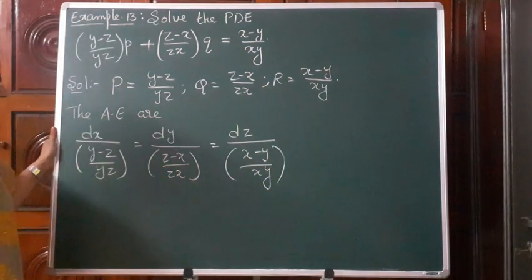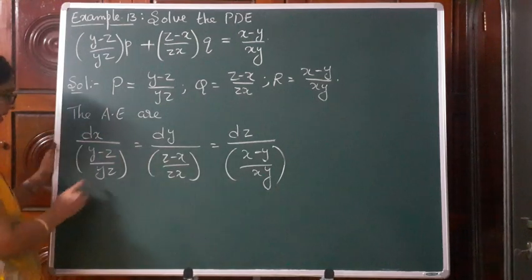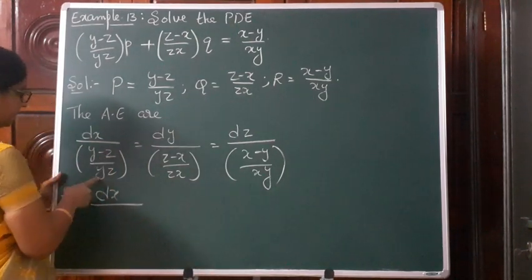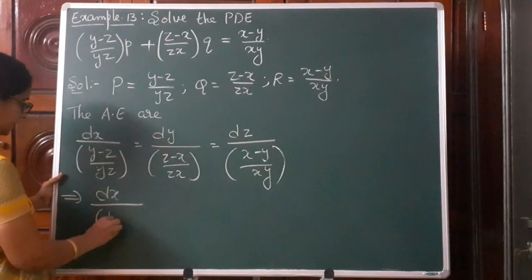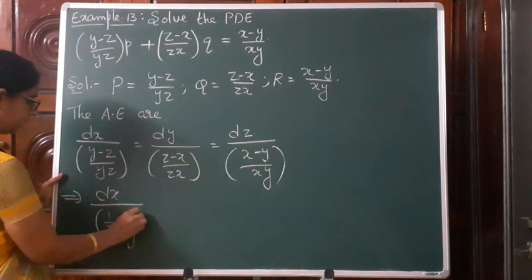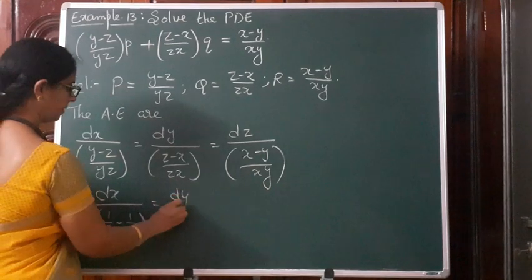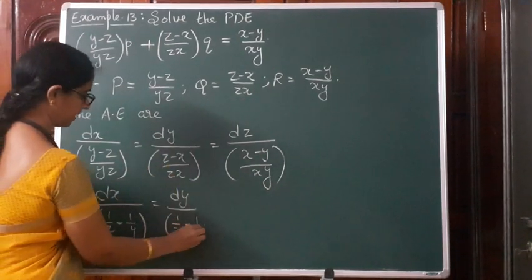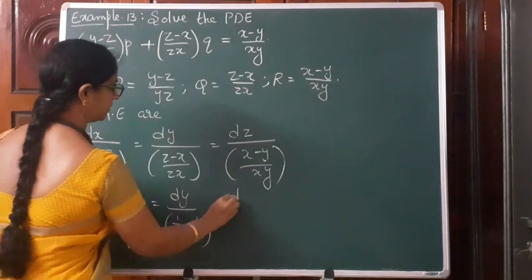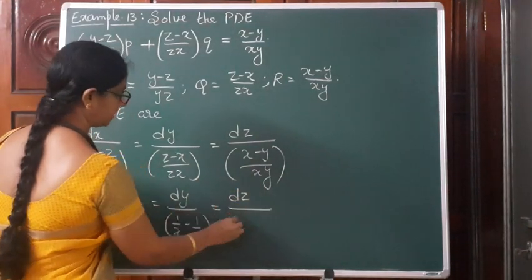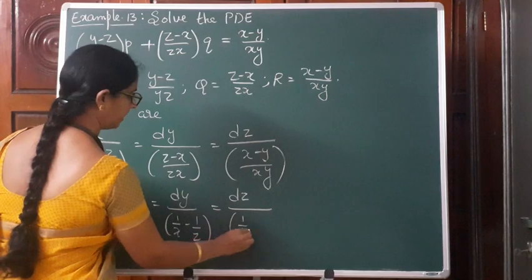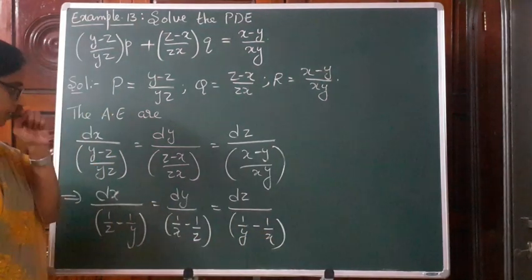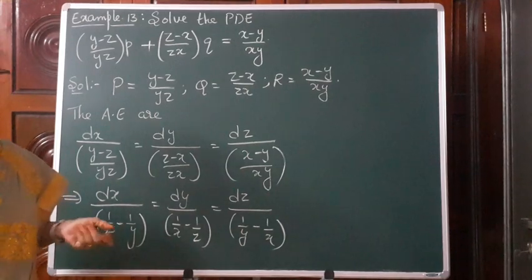To find the multipliers, first let us simplify this and write it as dx by 1 by z minus 1 by y is equal to dy by 1 by x minus 1 by z is equal to dz by 1 by y minus 1 by x.